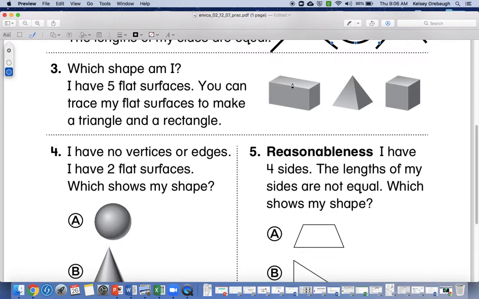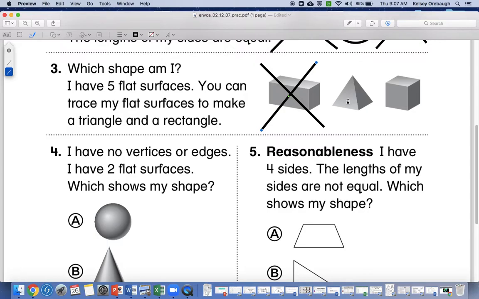Let's count the flat surfaces. 1 on top, 1 on bottom, that's 2. 1 on this side, 1 on the back of that, that's another 2. 1 over here in the front, 1 over here in the back, that's another 2. So 2 plus 2 plus 2 is 6. 6 flat surfaces. My mystery shape has 5 flat surfaces. This does not match the clue.